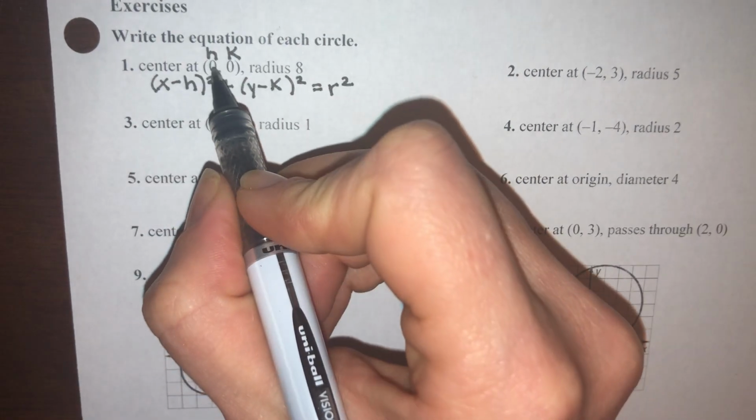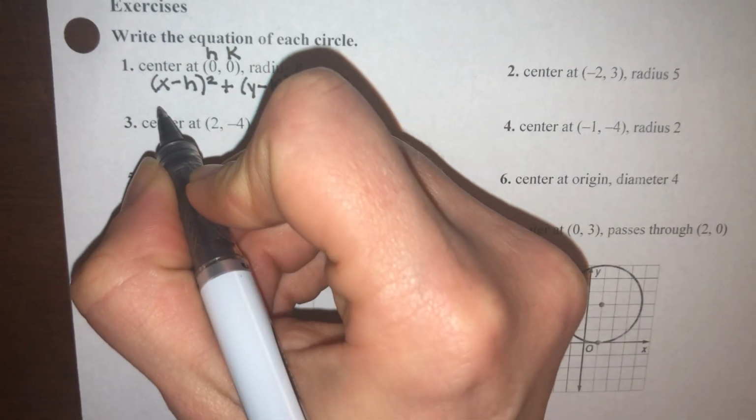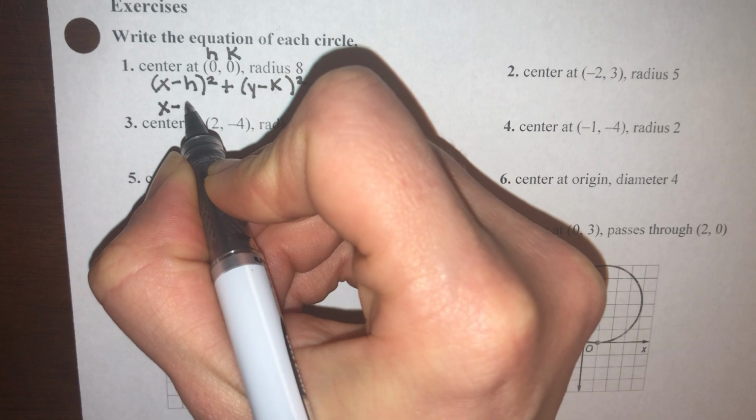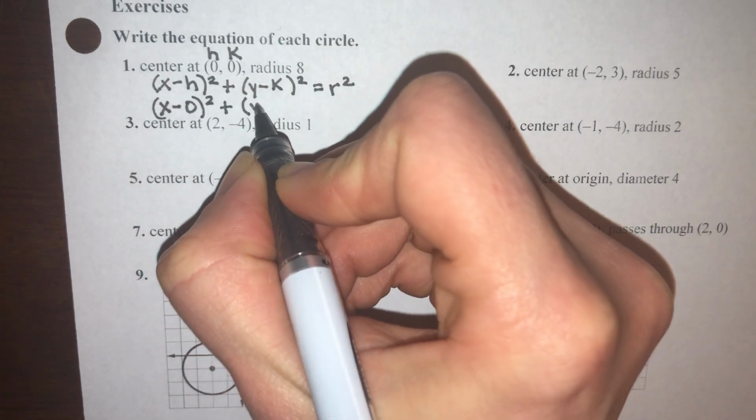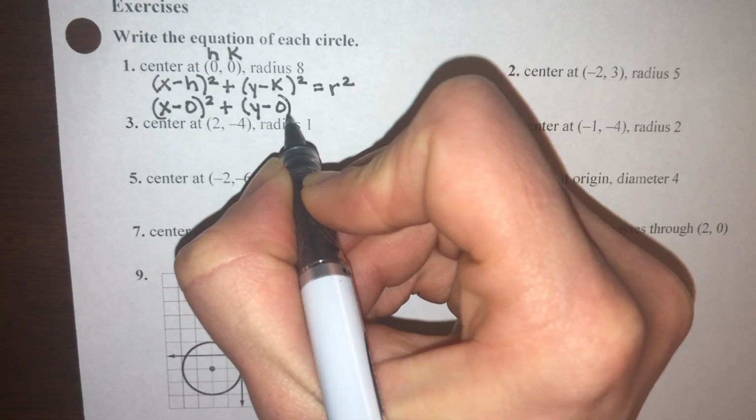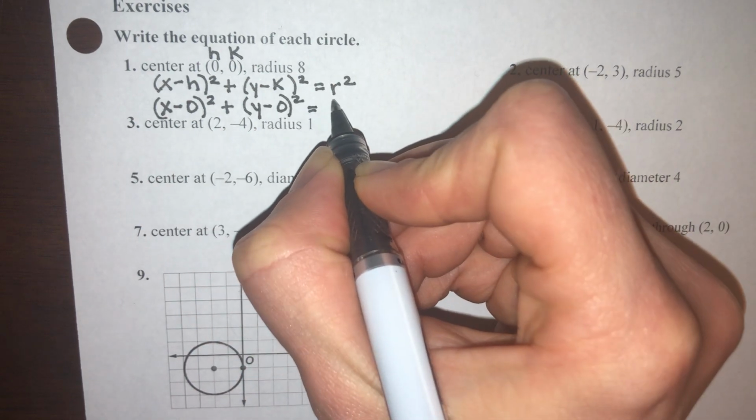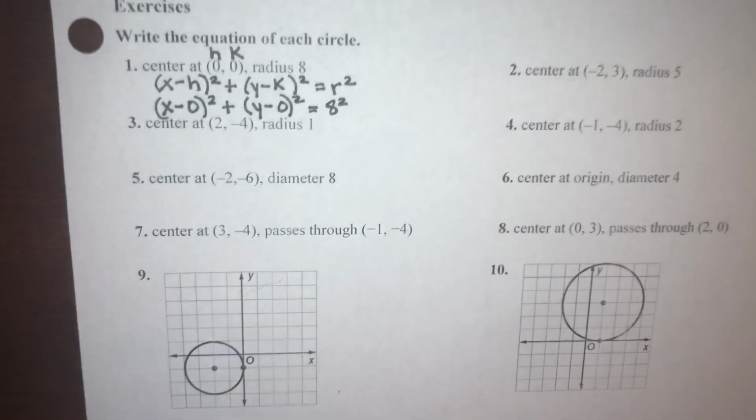So we'll fill in the h, the k, and the r: x minus 0 squared plus y minus 0 squared equals 8 squared.